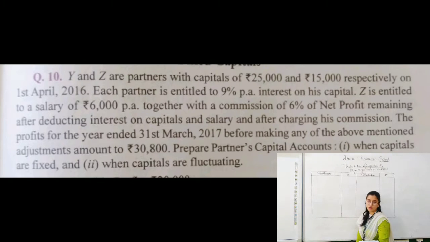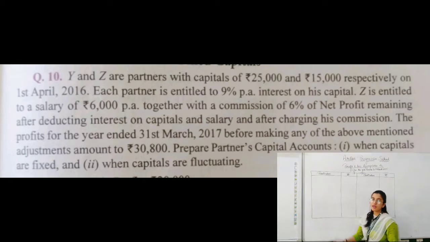Z is also entitled to a salary of rupees 6,000 along with a commission of 6% of net profit remaining after deduction of interest on capital and salary, and this commission is to be charged after charging the commission. Next, the profit for the year ended 31st March 2017 is given, that is 30,800.